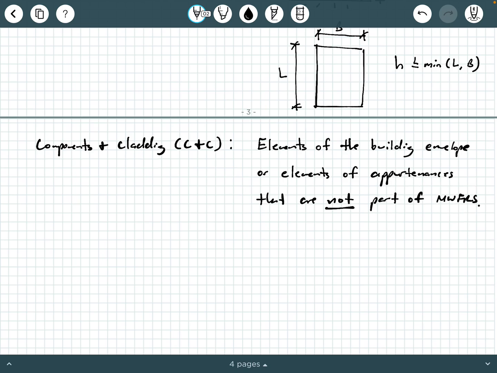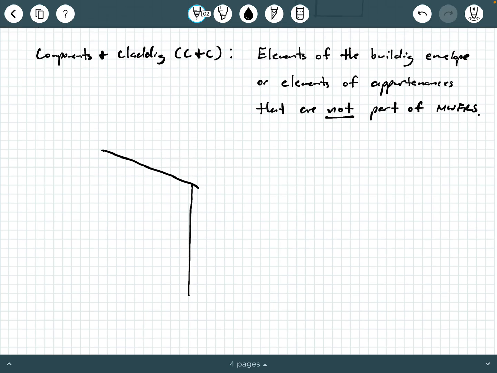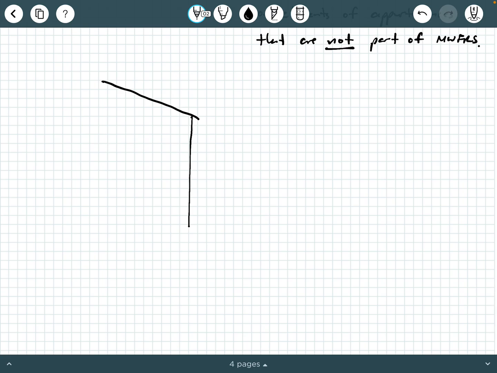So what does that mean? I'm going to draw another figure, a partial section through a building. Let's say here's a roof, and here's a wall. Now, the wall and the roof would be examples of cladding.